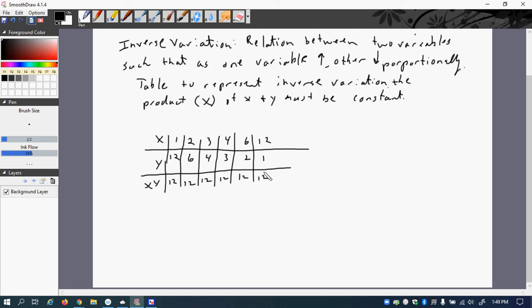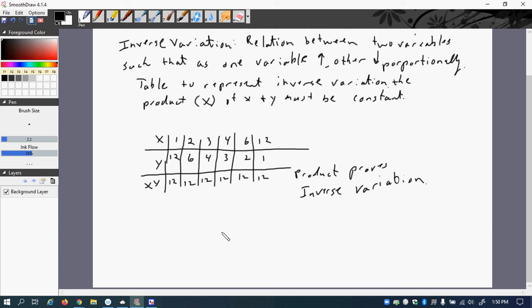And so this product proves that this is an inverse variation. Okay? So this is an inverse variation.